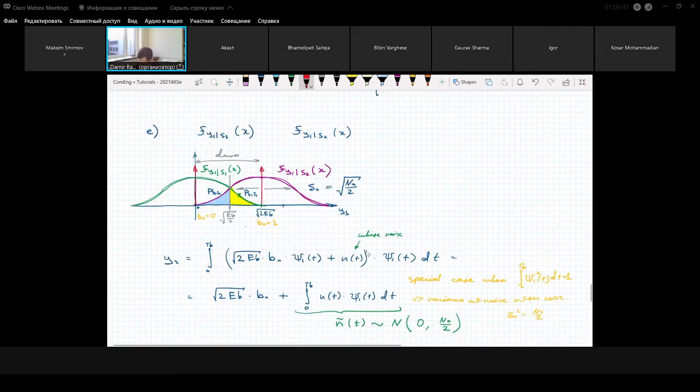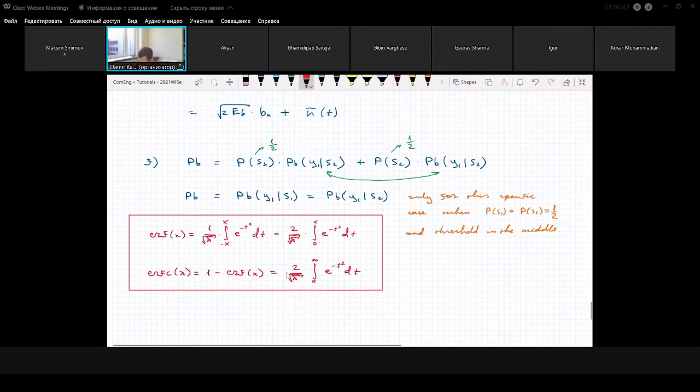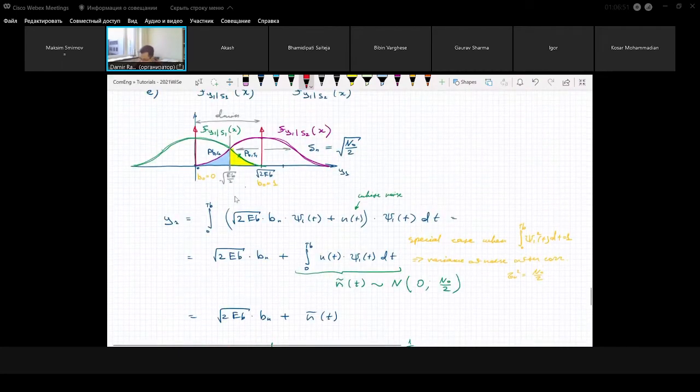If you look at the complementary error function, this is exactly what we have in our integral: the integral from x to plus infinity. For this reason, I would propose you choose the yellow region. But if you choose the blue region, you will get exactly the same answer. There will not be any difference, but the derivation itself will be slightly more tricky, but just slightly.